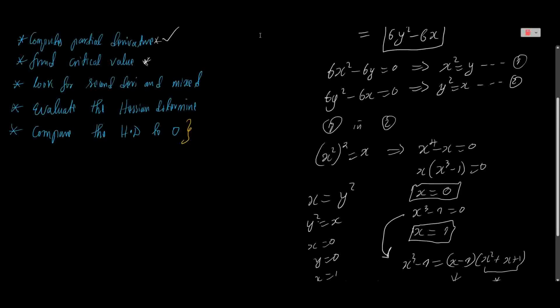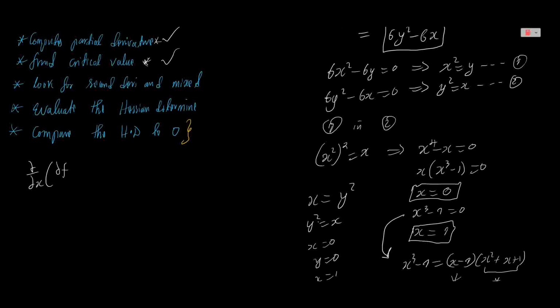So we are done with that. The next thing we need to do is to look for our second derivative and the mixed derivative. Now what is our second derivative? It is the partial derivative of our first derivative, which is something like this, right?